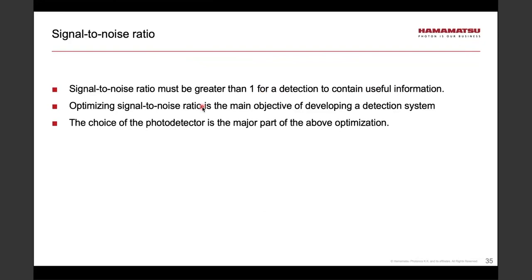In fact, when one sets up an experiment or optical setup, the optimization process will often be conducted in such a way as to have the highest possible value of the signal to noise ratio. And in this optimization process, the choice of the photodetector is often a major part of the optimization.